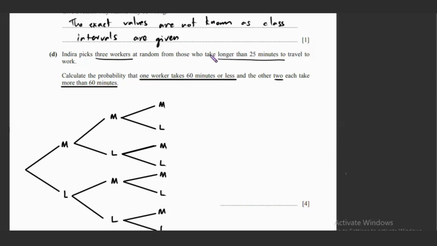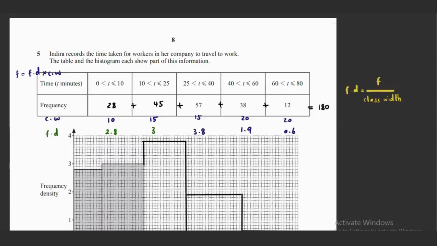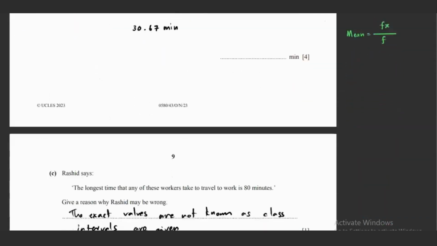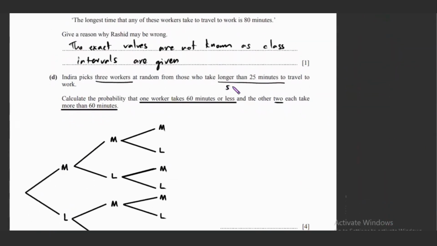So first we will calculate the number of workers who take longer than 25 minutes. In the table, longer than 25 minutes means it's going to be 57, 38, and 12 together. So I'm going to add 57, 38, and 12 together, which will make a total of 107.